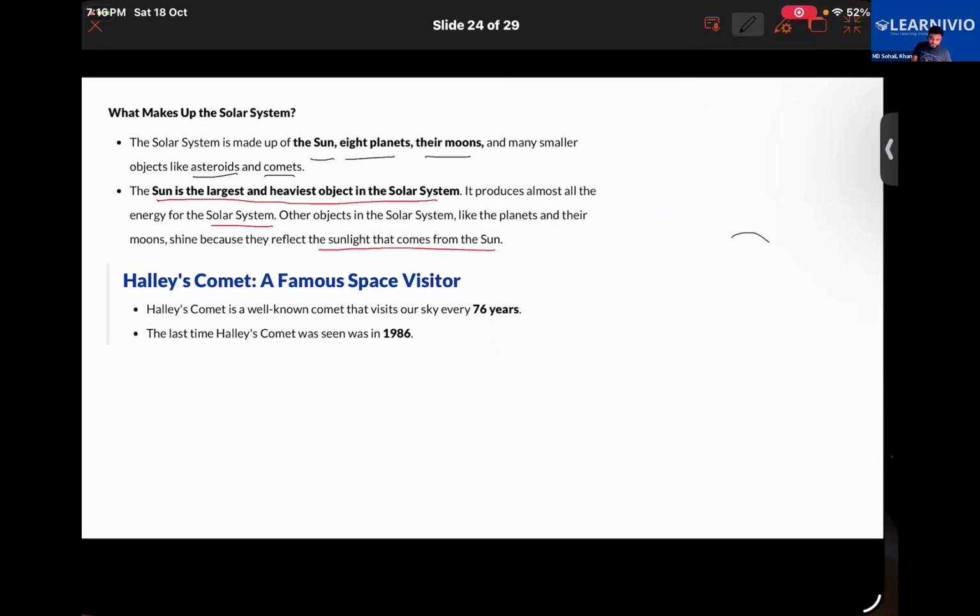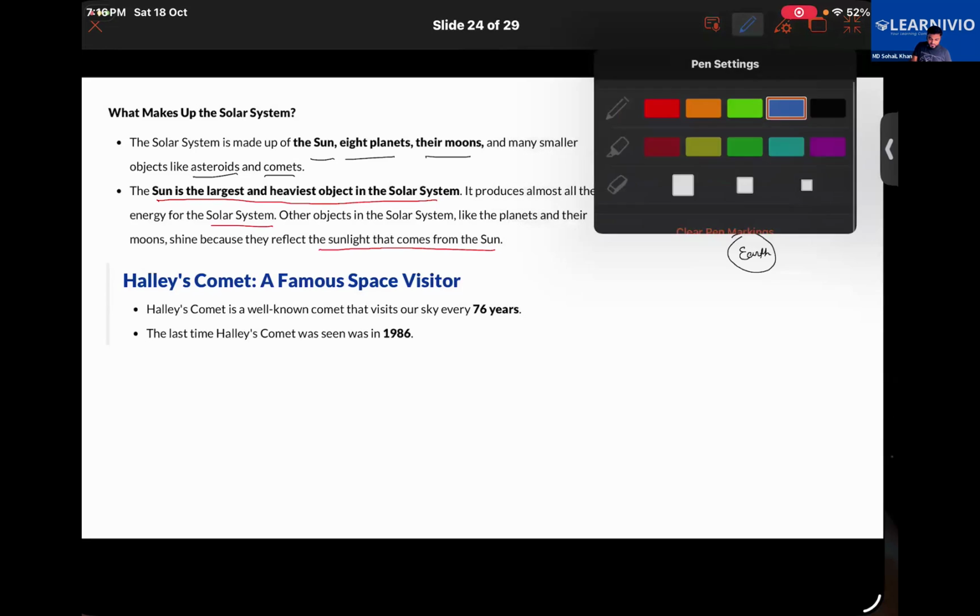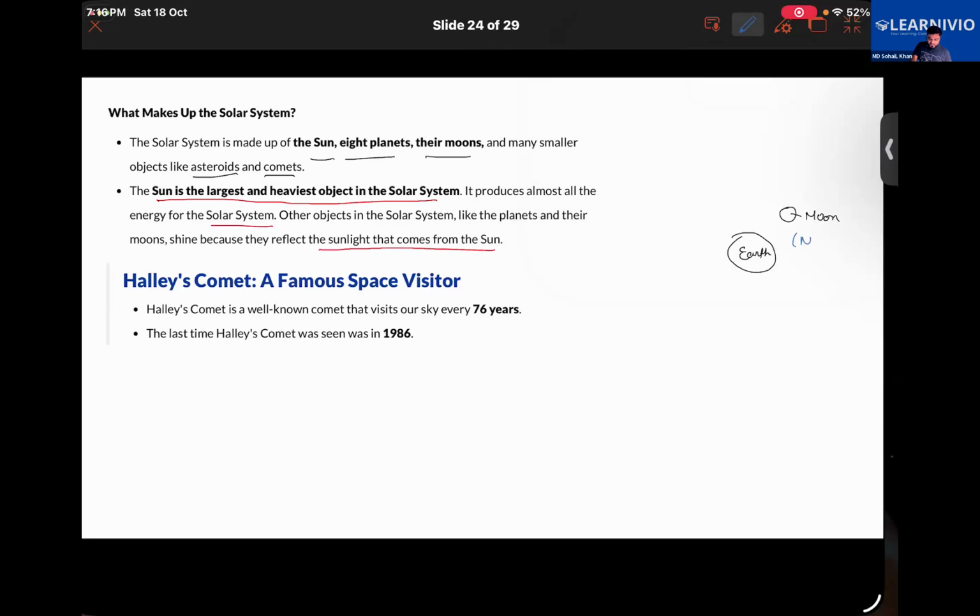Suppose here we are on Earth. Say that this is the moon. The moon does not have its own light. What we know of the moon is that it's a non-luminous body. Non-luminous body means it does not give its own light, while the sun gives its own light.